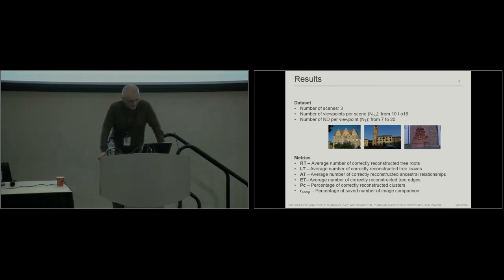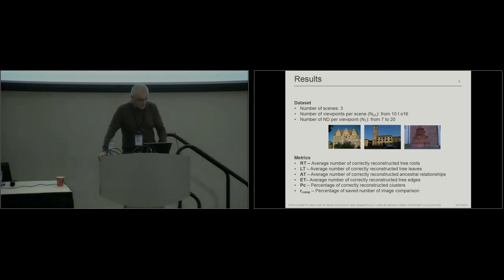As evaluation metrics, in this case, we have used 6 different metrics. The first 4 are the same that I described in my previous presentation, and are the 4 metrics normally used to analyze the quality associated with the generation of a phylogeny tree.